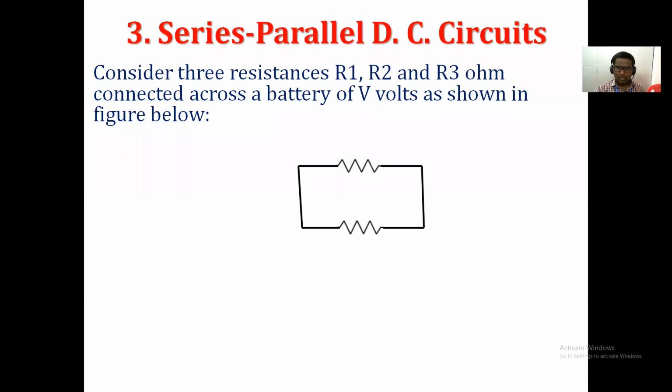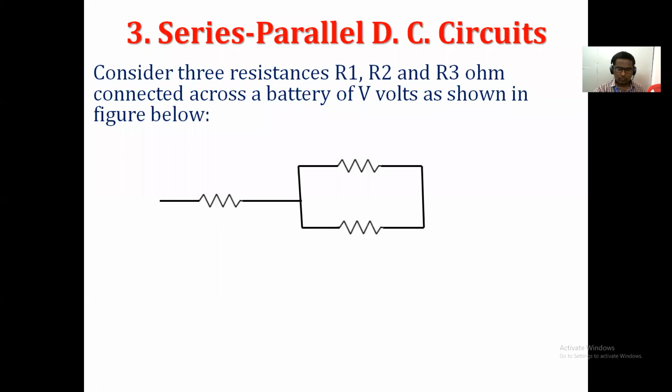Now, consider the third resistor, connected in series with this parallel combination. How can I connect it? Like this. How do I say that this third resistor is connected in series with the parallel combination? Because one end of this resistor is connected to one common point of the parallel combination.